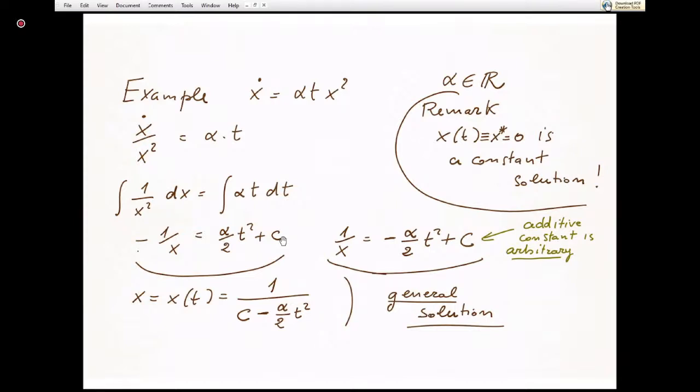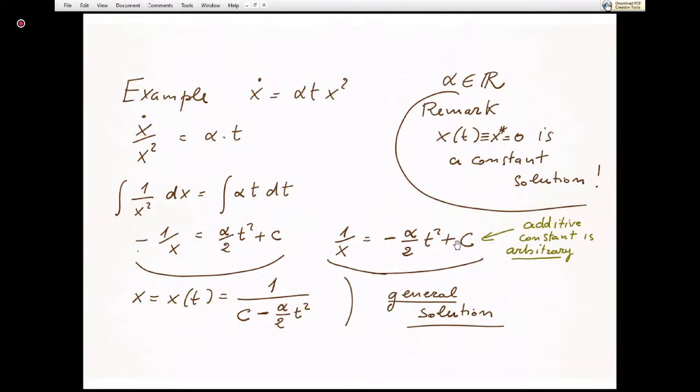Very easy. So now we have that minus the reciprocal of our solution is equal to this expression that depends on t. First of all, I can multiply both sides by minus 1, so change the sign to both sides, and I get 1 over x is equal to minus alpha over 2 t squared. I could write minus c, but c is an arbitrary constant at this stage, can be any number, so I can again write plus c.